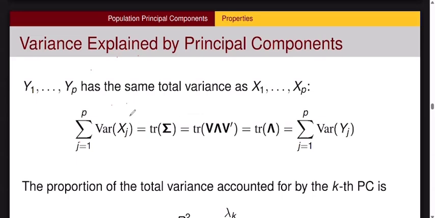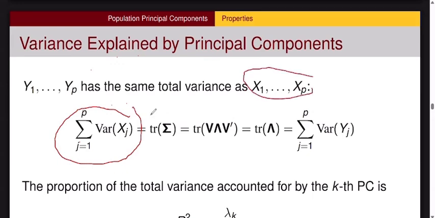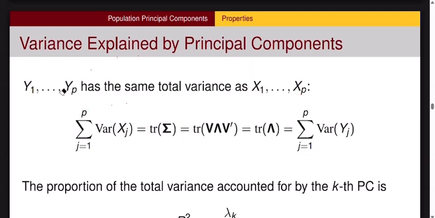So the summation of the variance of x1 up to xp should be the same as the trace. What do I mean by the trace of the covariance? The addition of the elements in the diagonal of the covariance matrix. And don't forget, by matrix decomposition, we said this can be decomposed into that.